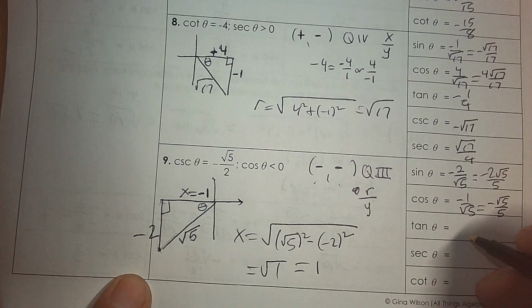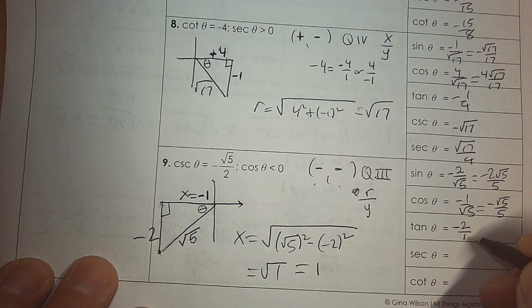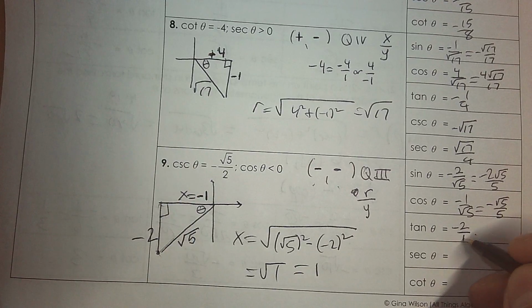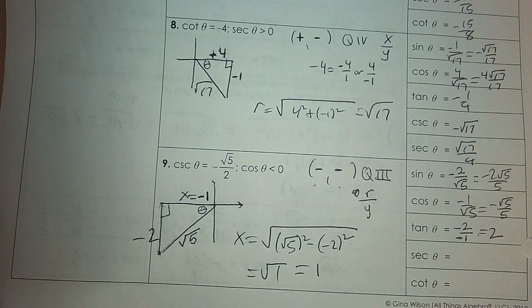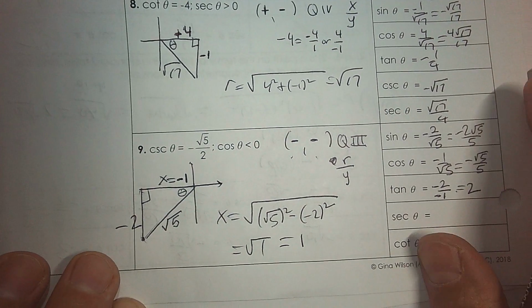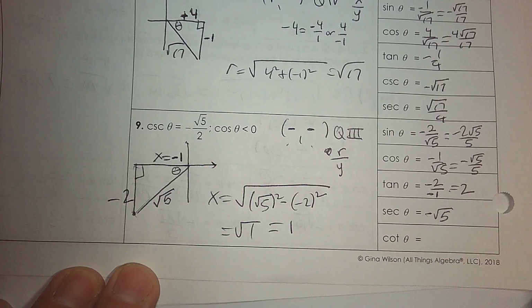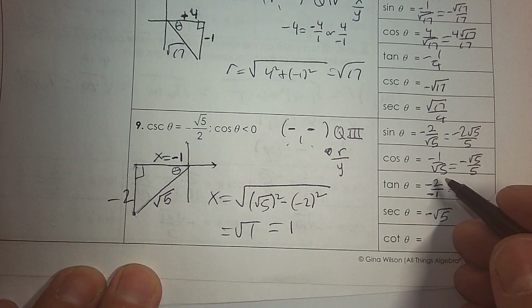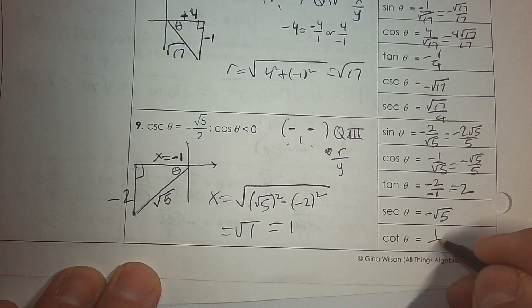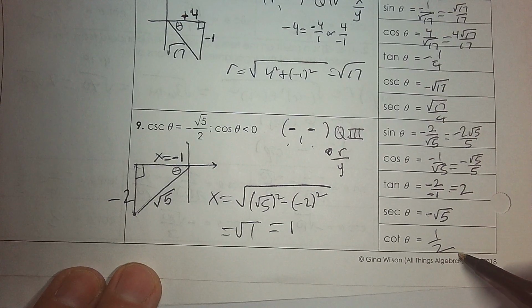Tangent, opposite over adjacent, or y over x, and it's going to be a positive answer because a negative divided by negative is positive. And then secant, that's the reciprocal of cosine, so it's negative root 5 over 1, or just negative root 5. And then cotangent is the reciprocal of 2, which is positive 1/2. So again, a negative divided by negative. So the only two positive answers are tangent and cotangent.